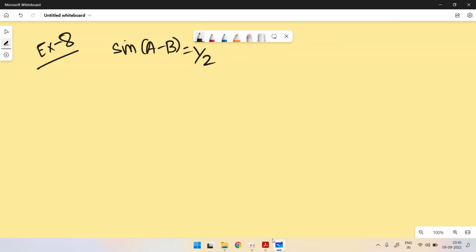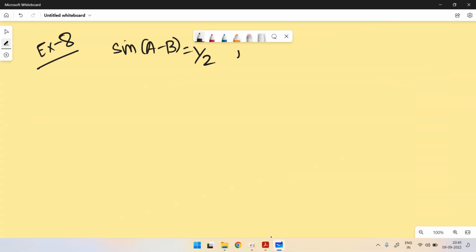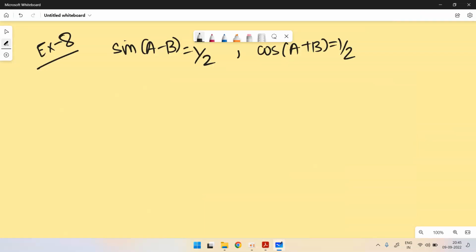This is given, I'm not writing it myself. And cos of A plus B is also half. And given that A plus B is greater than 0 and less than or equal to 90 degrees. So find the value of A and B, assuming that A is greater than B.